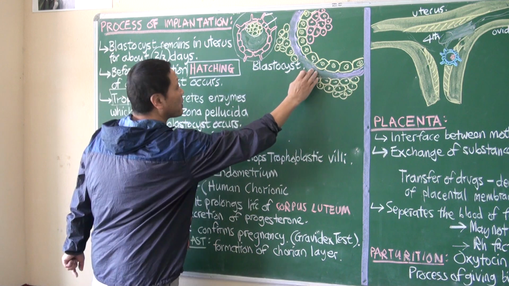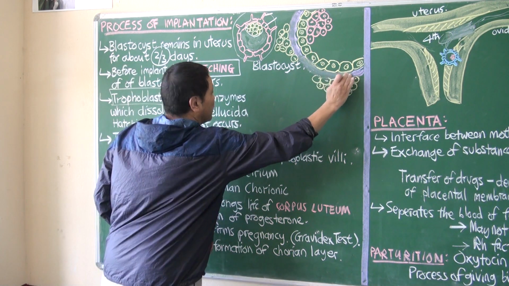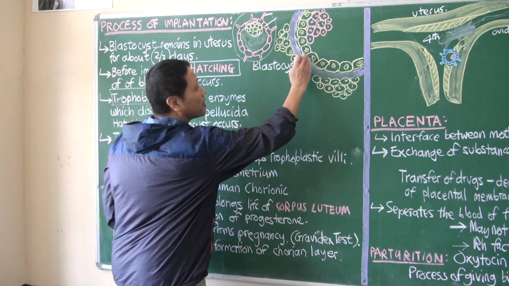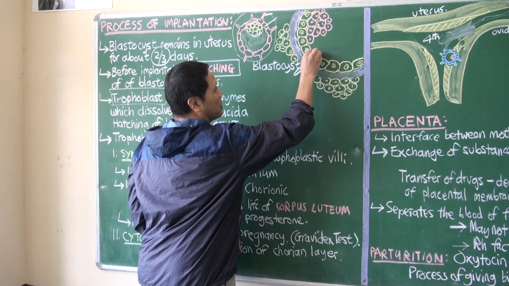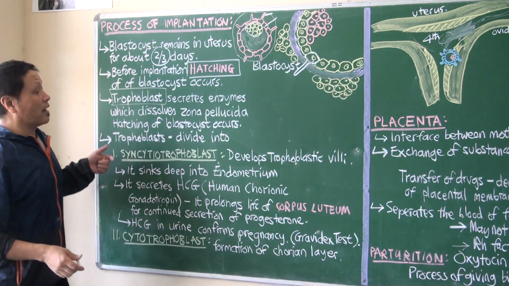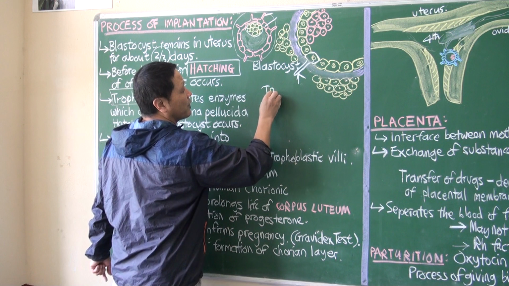Once the zona pellucida is dissolved, these trophoblasts begin to give out finger-like projections that project forward, and these are known as your trophoblastic villi.